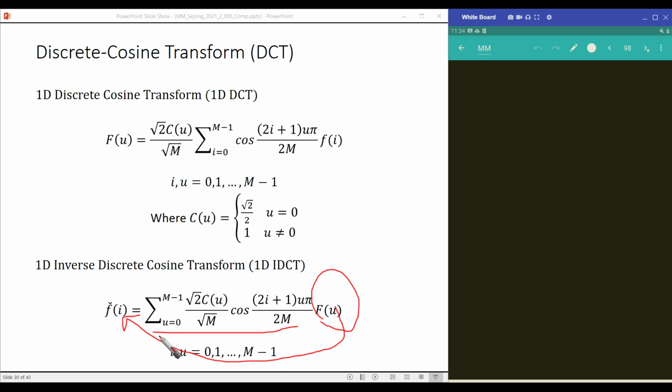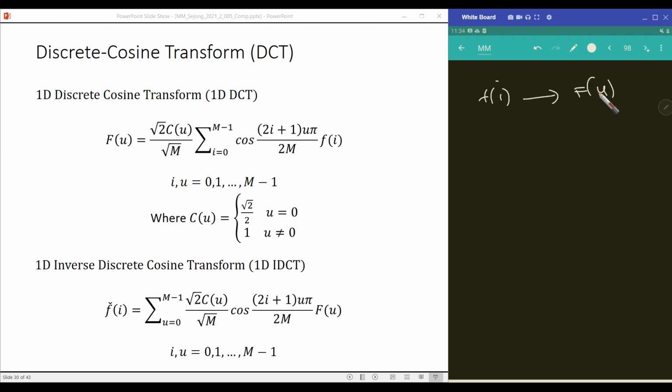In the same way, with the same transformation, we can go back. This is a very interesting thing. Now see, we had fi, we converted to fu, but this number is not exactly the same. It is an approximation. So when you convert this fu to fi, it will not be exactly the same as the original one. That's why we can say this becomes an approximated or estimated version of that one.